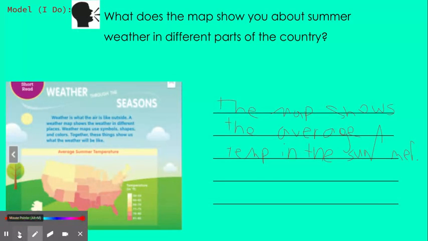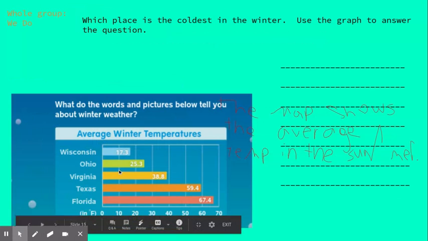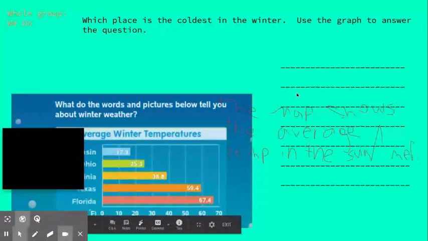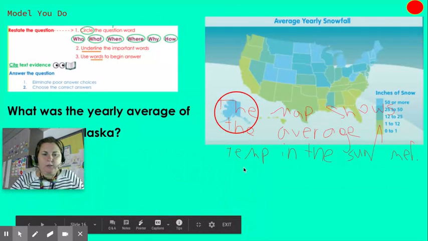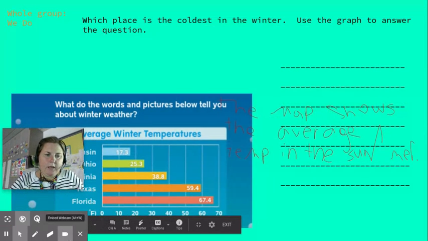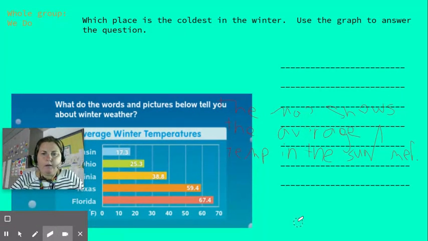Okay, so let's go to the next one. So this one says, which place is the coldest in the winter? Use the graph to answer the question. So I'm going to erase what we wrote over here. And then what you would write down here is which place is the coldest in the winter.